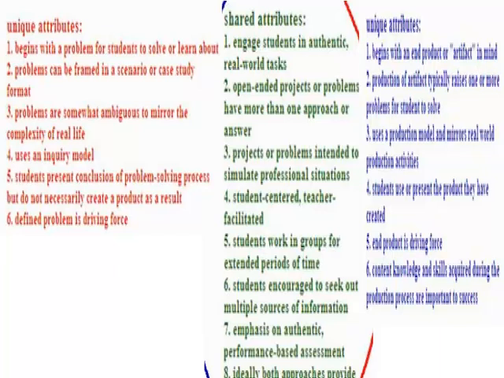The image that you get is a Venn diagram. It has two circles, and one circle represents all the things that are project-based learning, and the other circle represents all the things that are problem-based learning. And so the problem-based learning is the circle that's red, and the project-based learning is the circle that's blue, and where they overlap is where it's green.